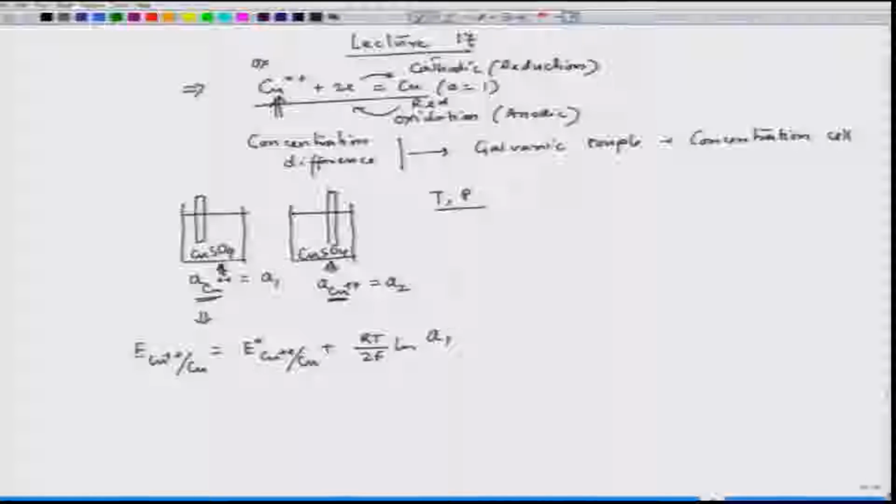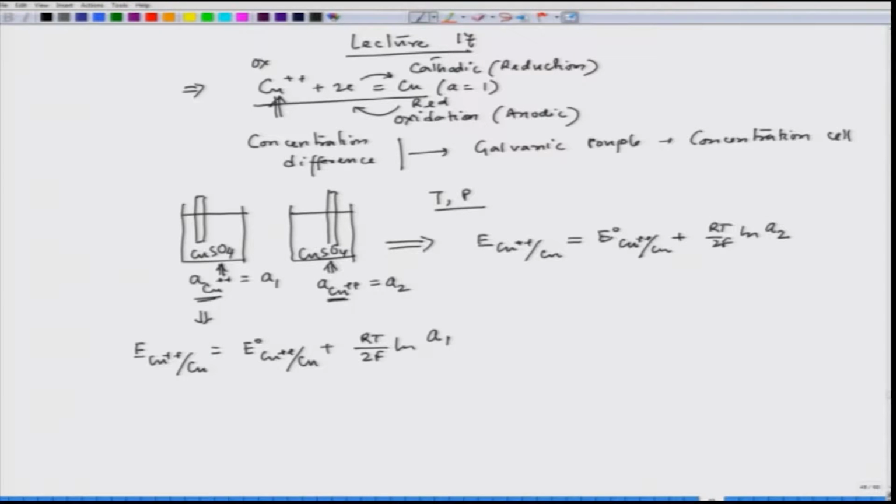Similarly, for this cell we can write E copper plus plus slash copper equal to E0 copper plus plus slash copper plus RT by 2F ln A2. In a similar way we have this Nernst equation, here activity equal to A1, here activity equal to A2.